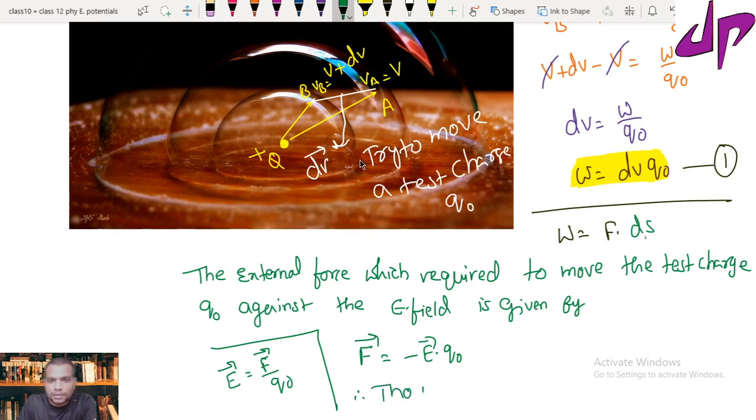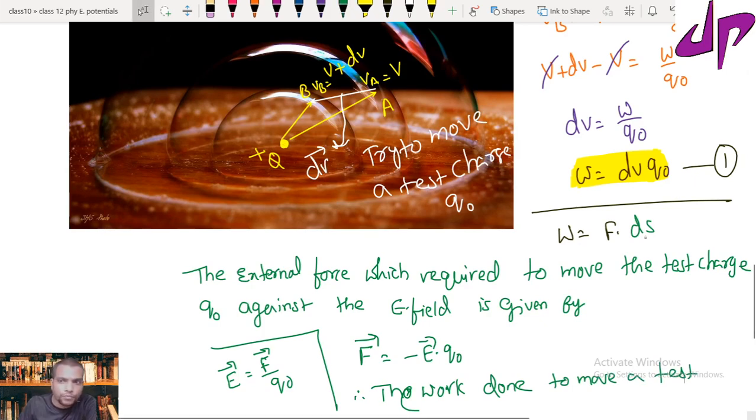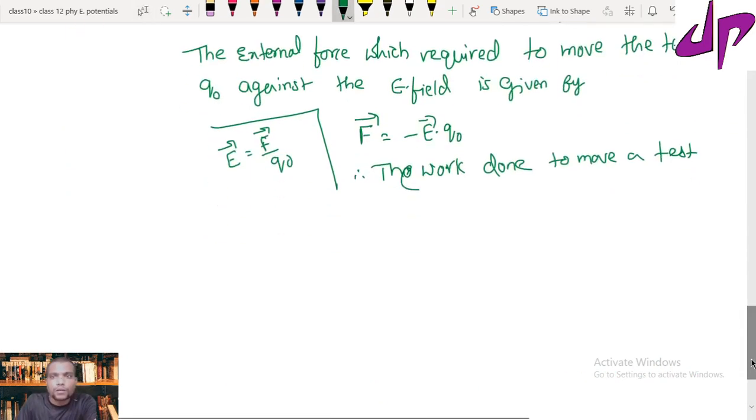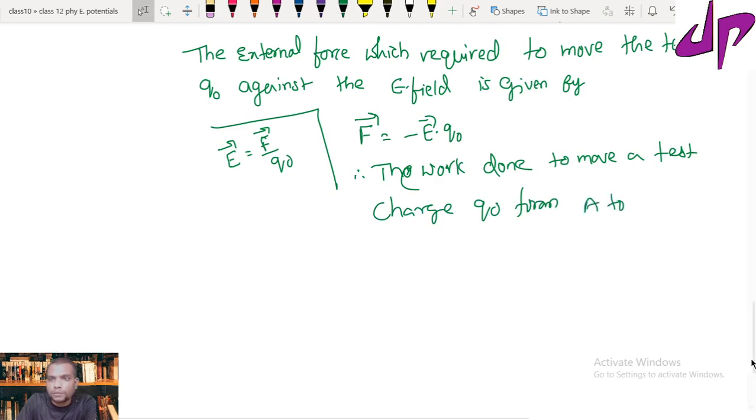Therefore, the work done to move a test charge Q naught from A to B is, if you take the work formula, work equals force times small displacement dr. Now I can substitute the force value which I have here.